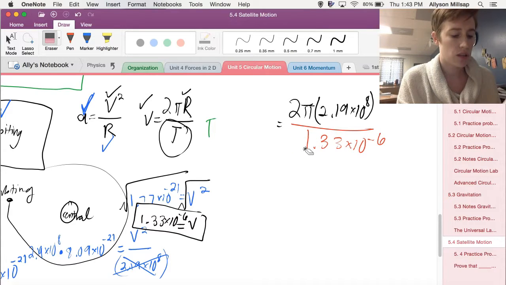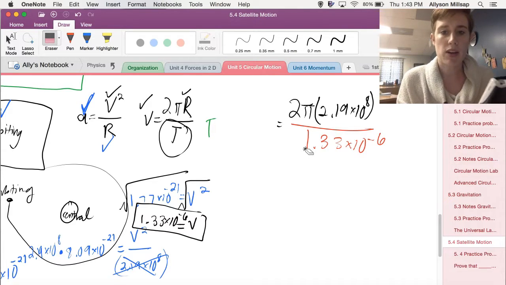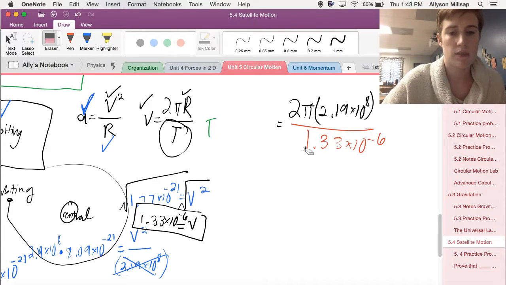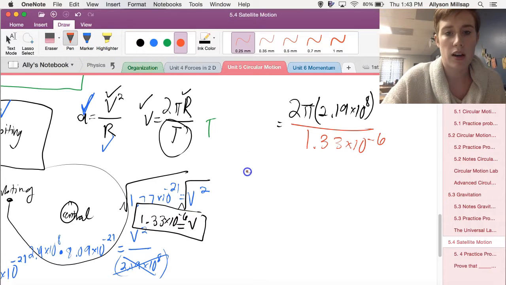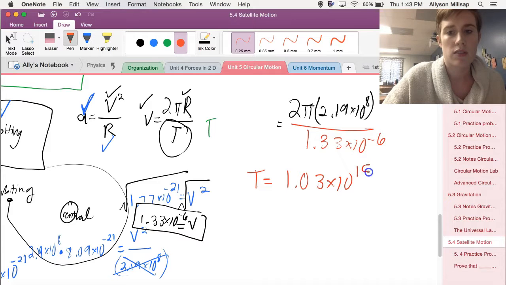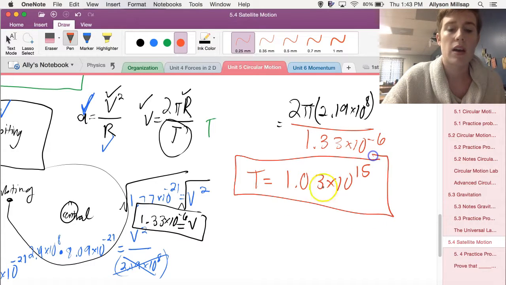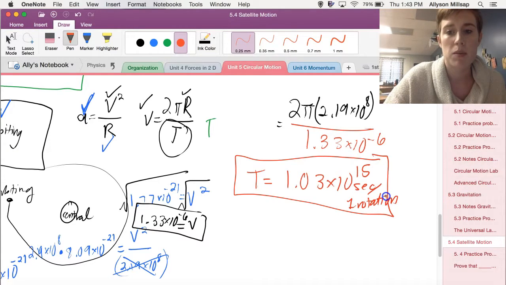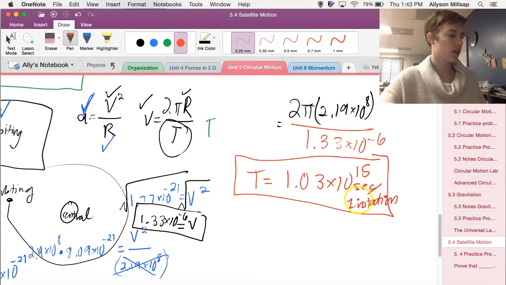So I do 2 times 3.14 times 2.19, second E button, 10 to the 8th power, and then I divide by 1.33, second E, negative 6. And so my period now is 1.03 times 10 to the 15. Okay, and remember, this is how many seconds it takes to make one rotation. So it's probably going to be a really big number because it's in seconds.